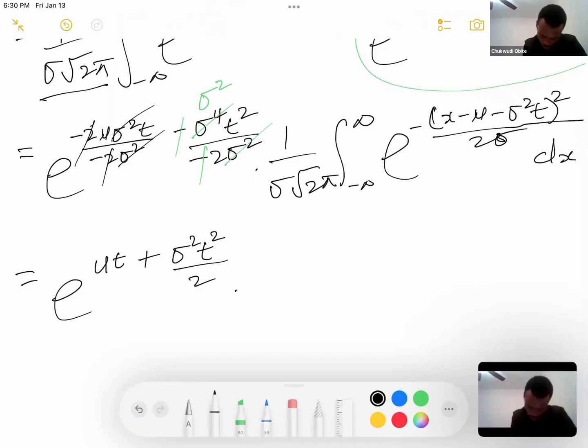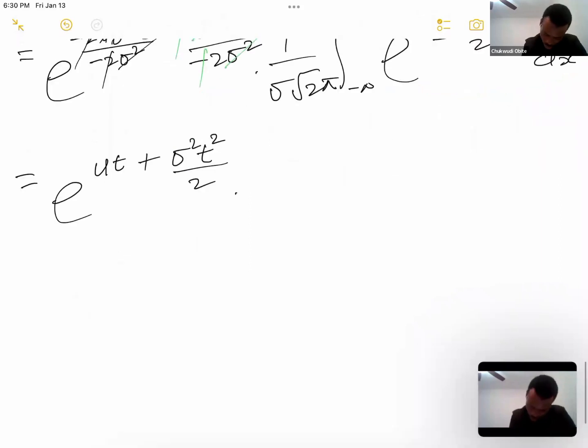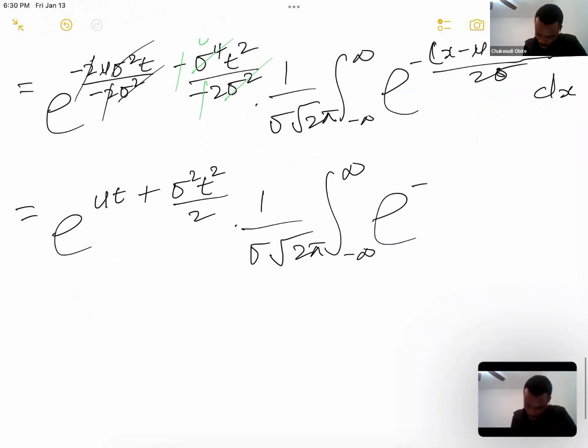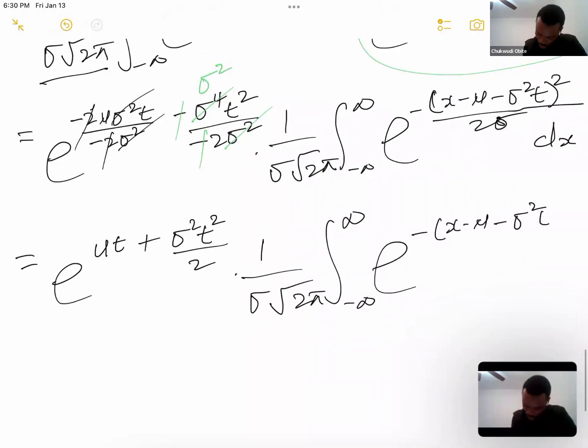Then I have times 1 all over sigma square root of 2 pi, the integral from minus infinity to infinity of e raised to the power minus (x minus mu minus sigma squared t) squared all over 2 sigma squared dx.